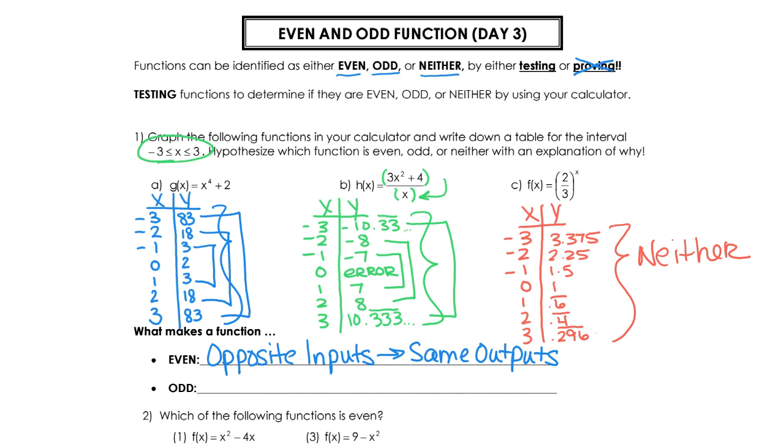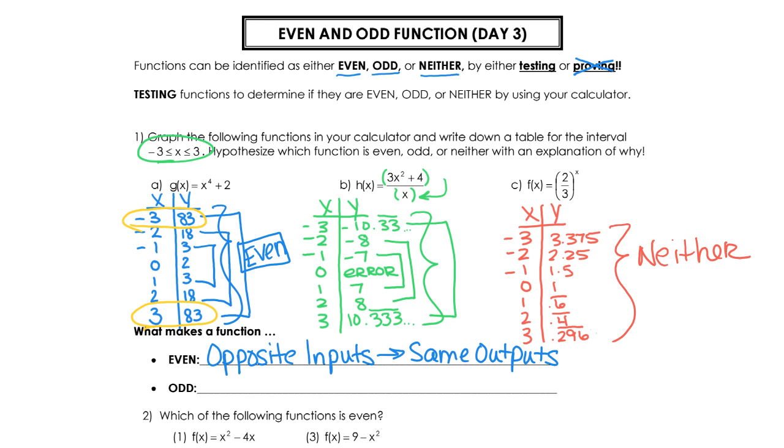So which one has opposite inputs, like 3 and -3, and they have the same exact number that they're giving out? And that's the first one. And so this one right here is even. Again, if you want to take a closer look, -3 and 83, 3 and 83. So the inputs or the x values are opposite, but the output values are the same. And that's what makes that even.